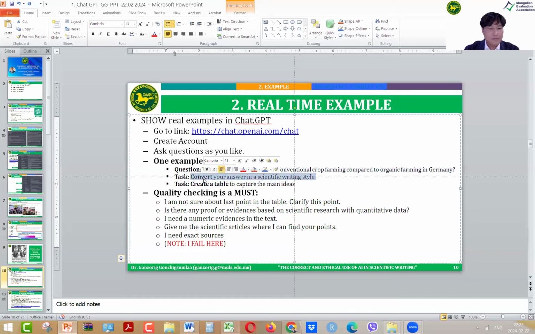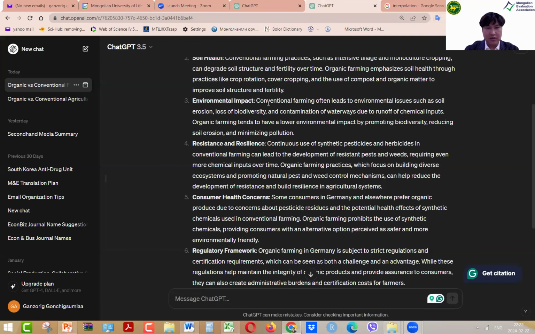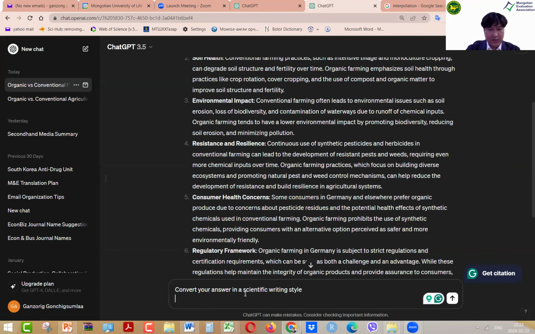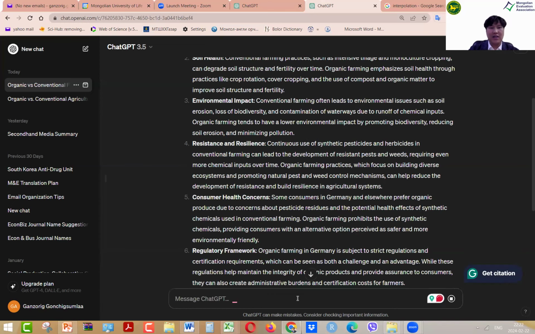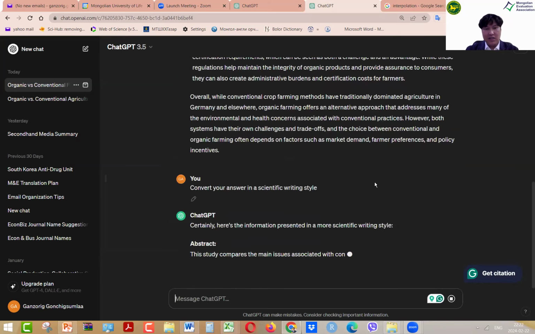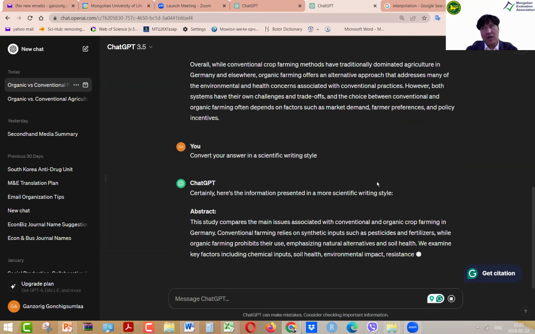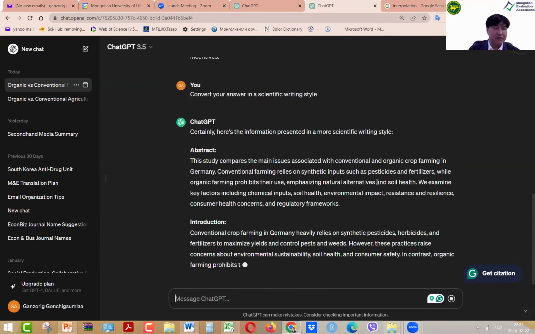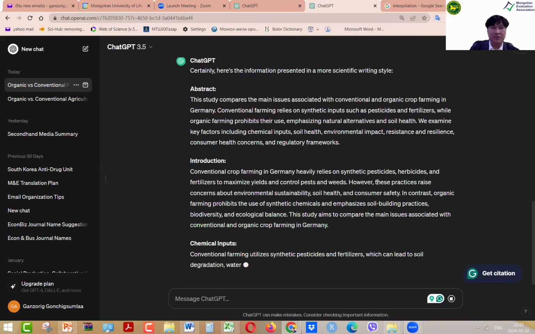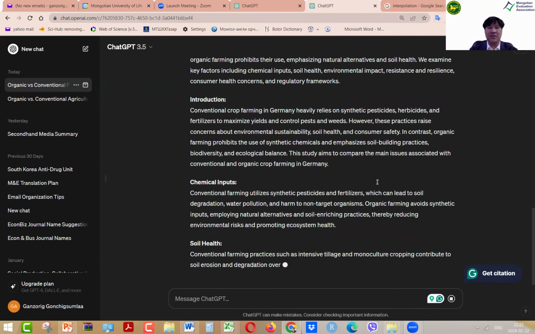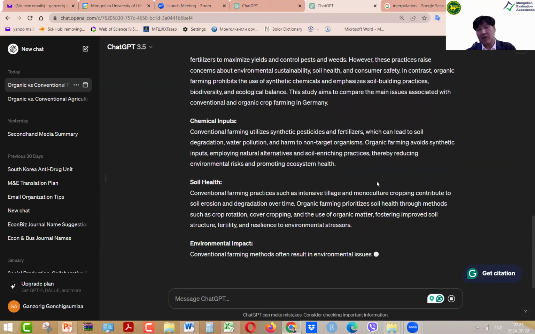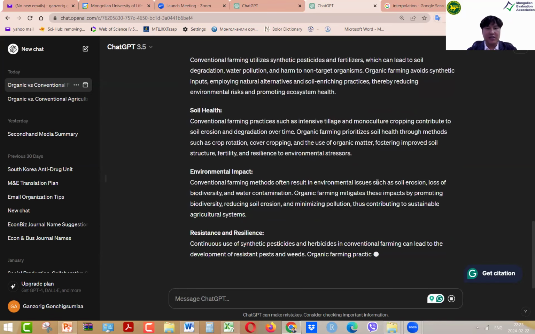And then, because it's too much information, I'm asking it to convert your answers into a scientific writing style. So it can write like this. This is also how cheating students or cheating people do this. They say, on this topic, please write me a kind of scientific article.